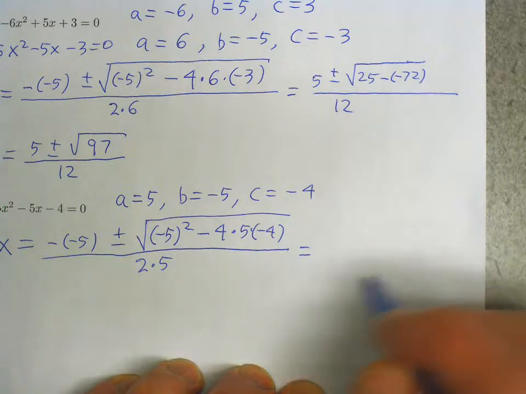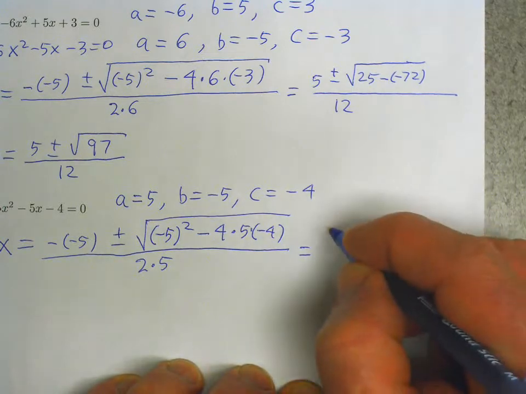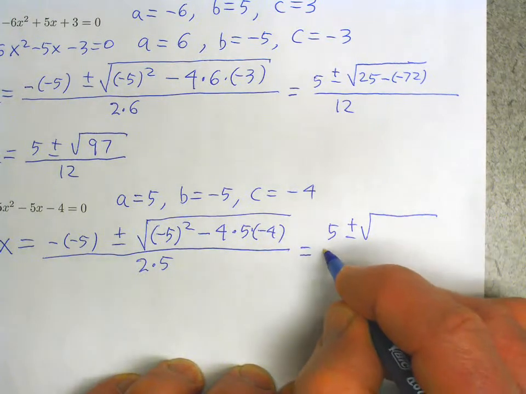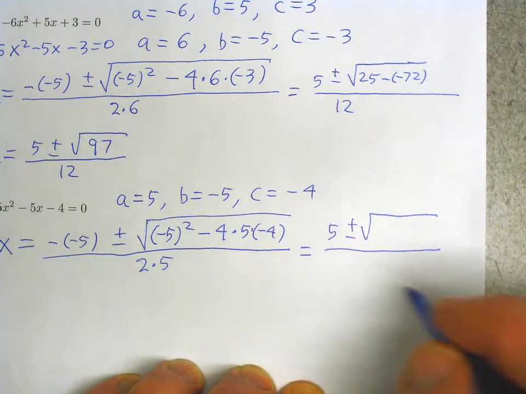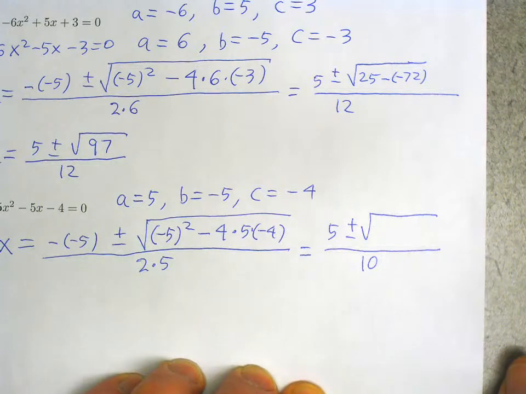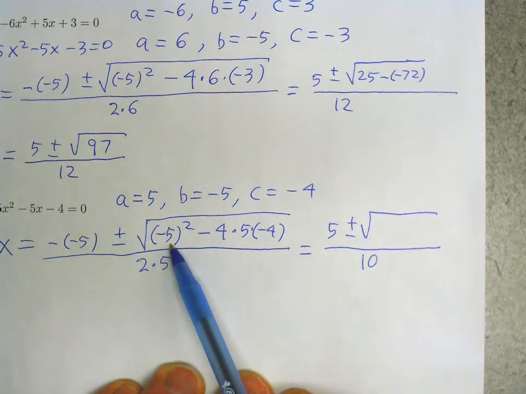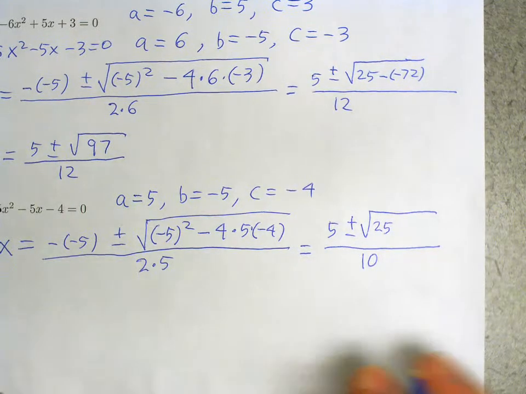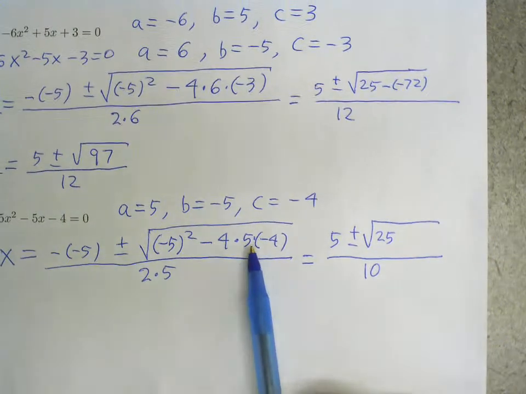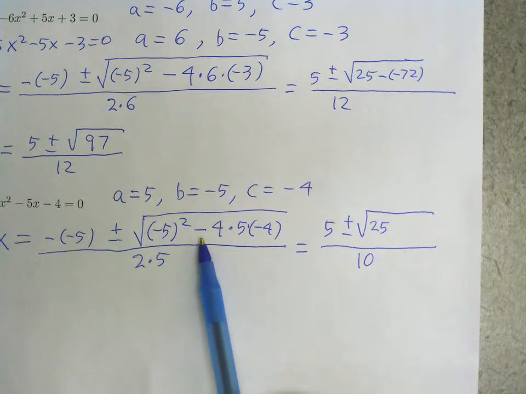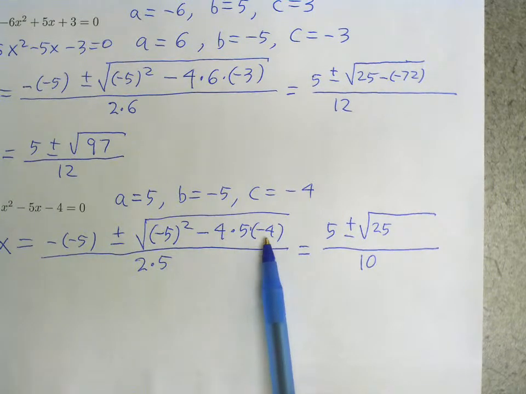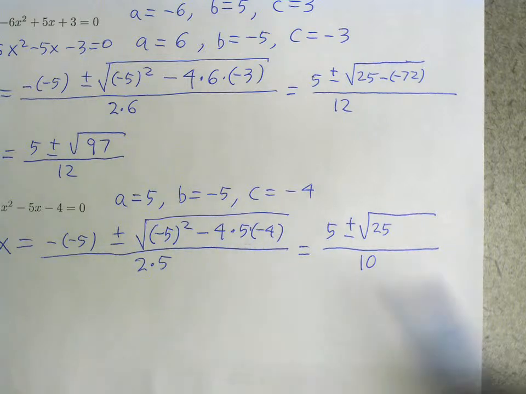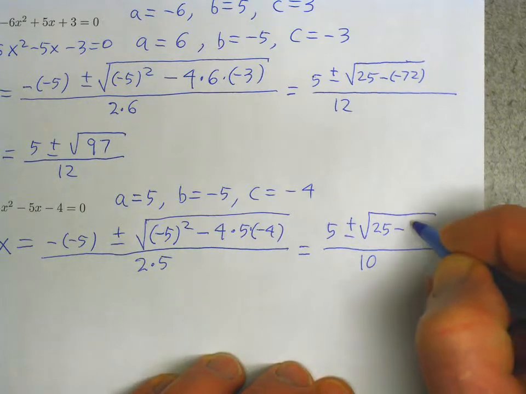Then do the arithmetic. In the numerator, the negative of negative 5 is 5. And then plus and minus the square root of some number. In the denominator, 2 times 5 is 10. So inside the square root, the number negative 5 squared is positive 25. And we're subtracting a negative number again. So we're subtracting 4 times 5 times negative 4, which is negative 80. So it's 25 minus negative 80.